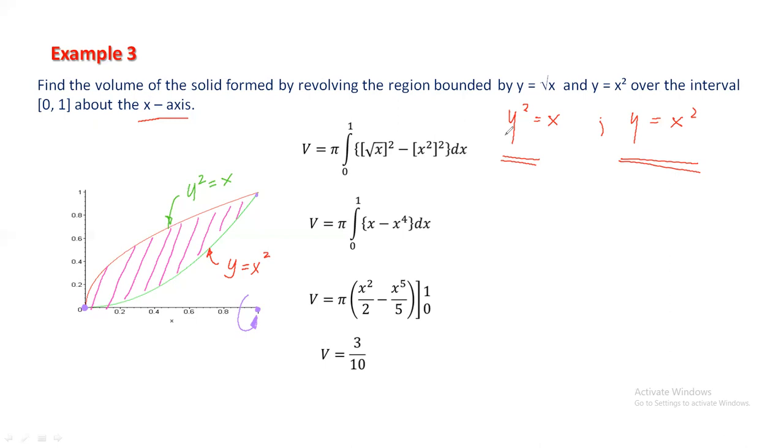So how should I write the cross-section? How should I draw it on this area here? Will I draw it like this? Or will I draw it like this? Vertical or horizontal?